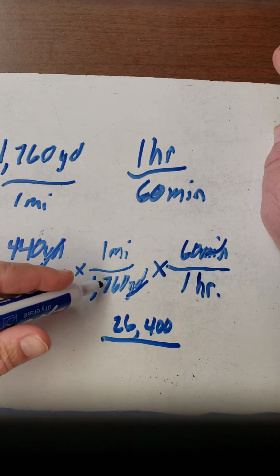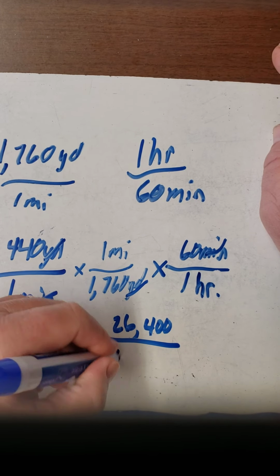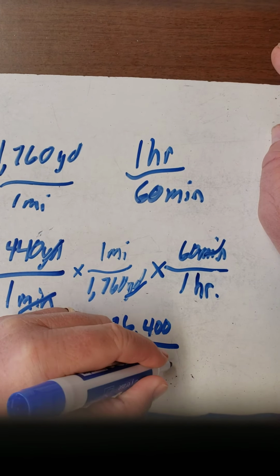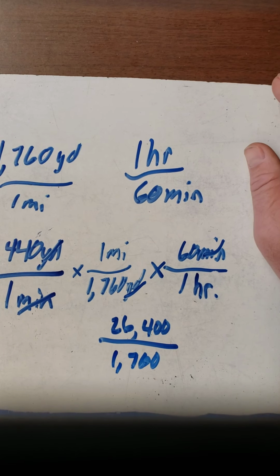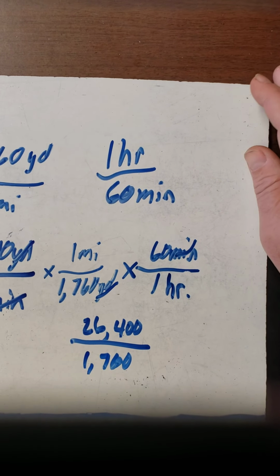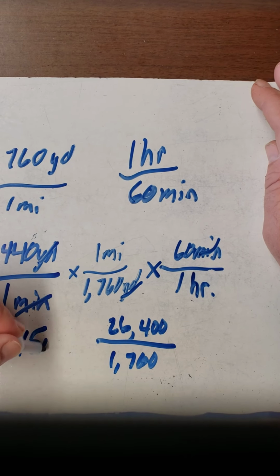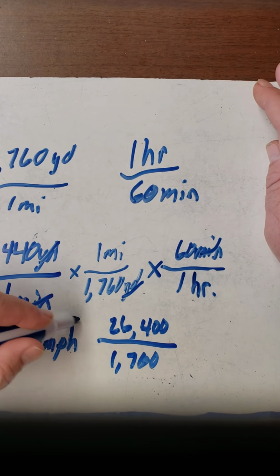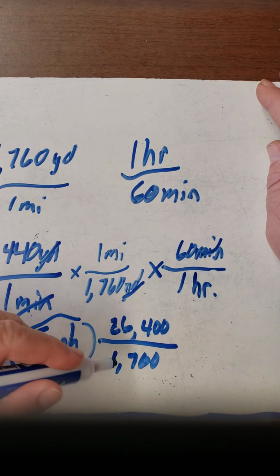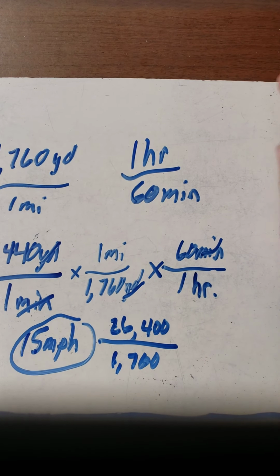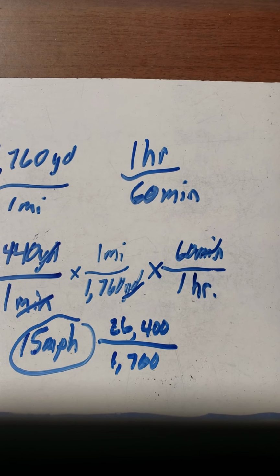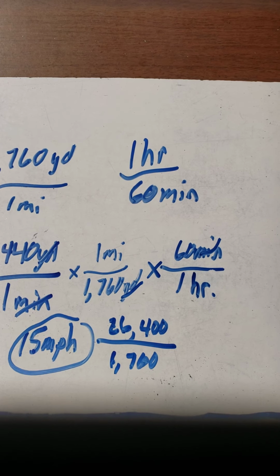Over 1 times 1,760 times 1. And that comes out to be, which you could use a calculator here, 15 miles per hour. Because we took this, divided by this, and you get your unit of measurement. Or your conversion.